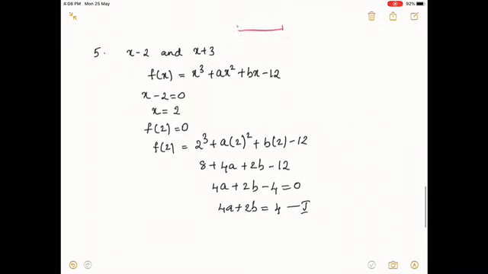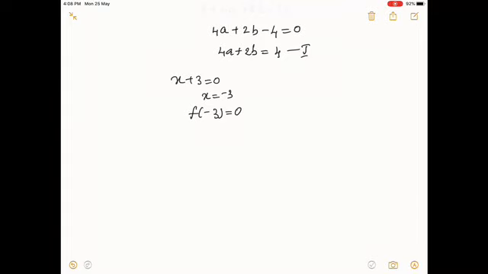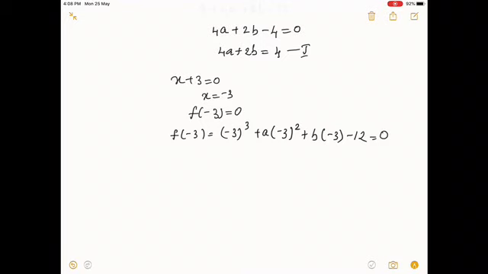Next, we have to take x plus 3 equals 0, x equals minus 3. So f of minus 3 is equal to 0. f of minus 3 equals minus 3 cube plus a into minus 3 square plus b into minus 3 minus 12 equals 0.